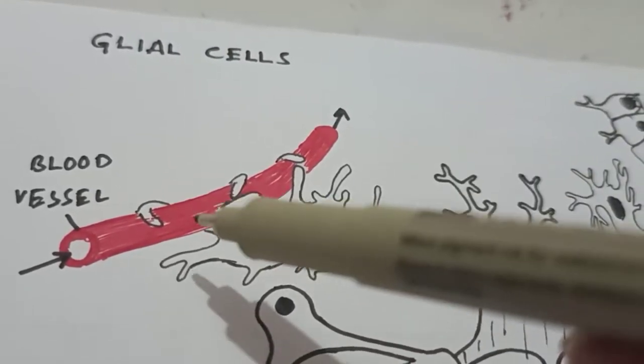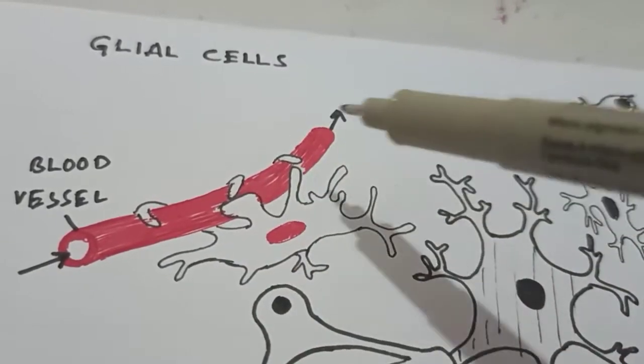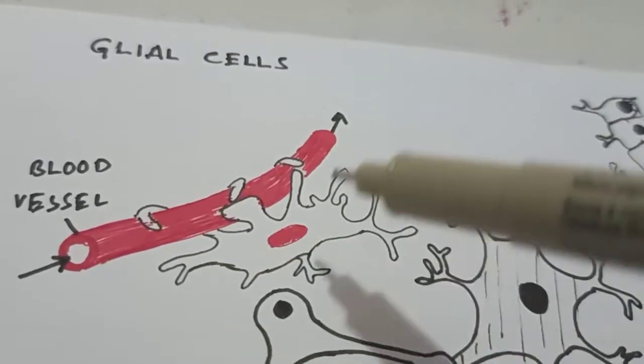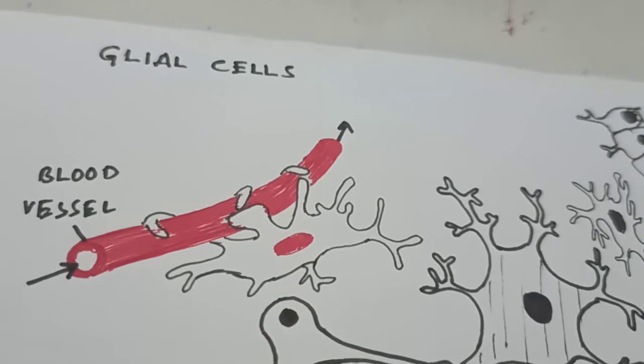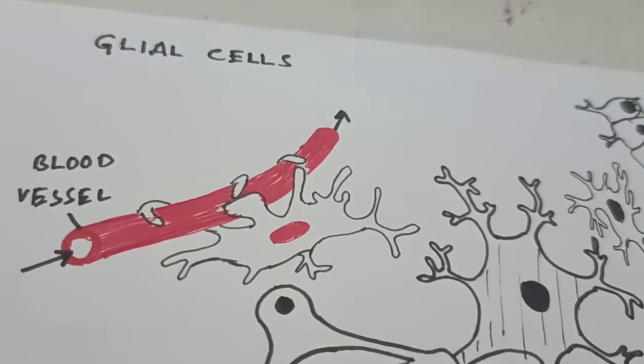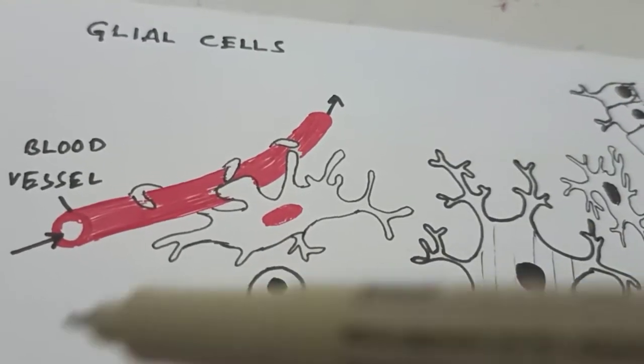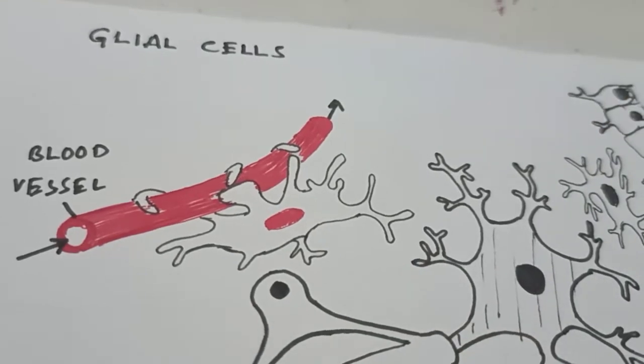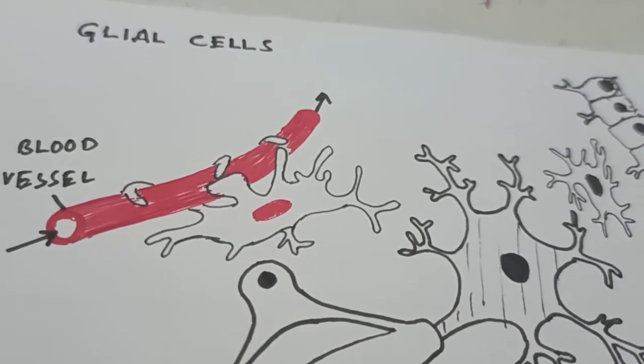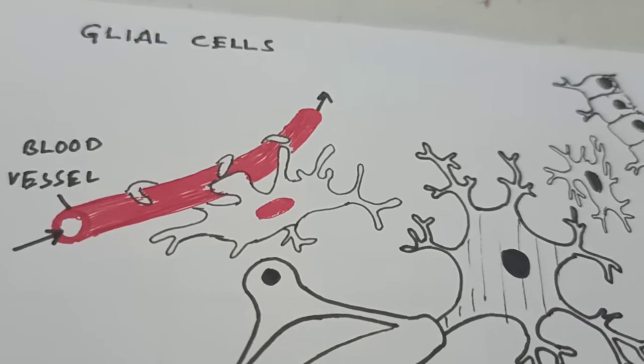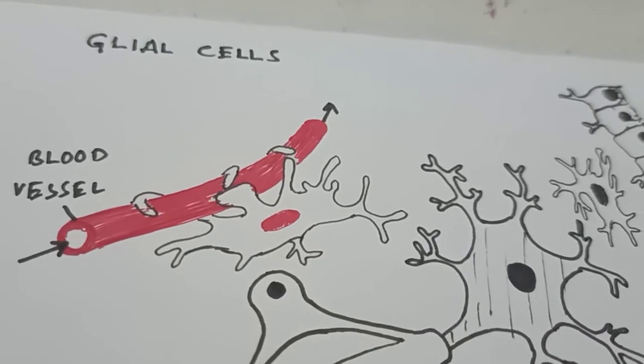All this fluid that comes out of the capillaries will contain many things which are definitely necessary for the tissues surrounding it, but also something that is not at all good for those cells.